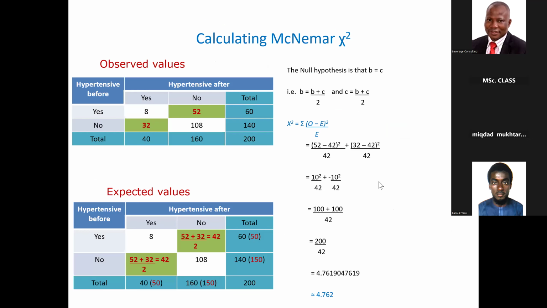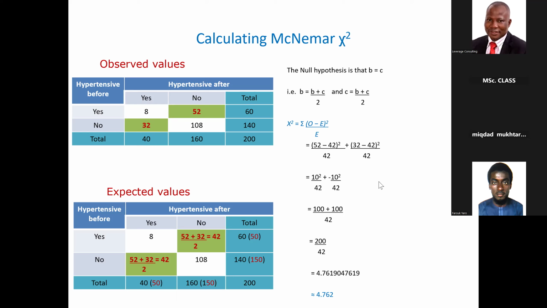Now, the formula for this is actually the same: observed minus expected, squared, over expected. But it's only for those two cells. The observed values are 52 and 32. How do we get expected? Remember, expected is the value when the null hypothesis is true.